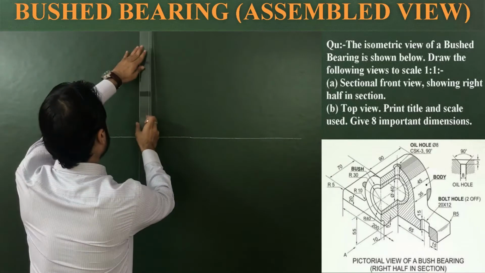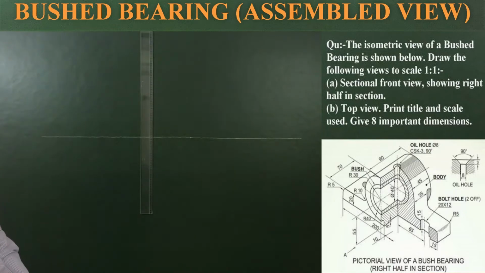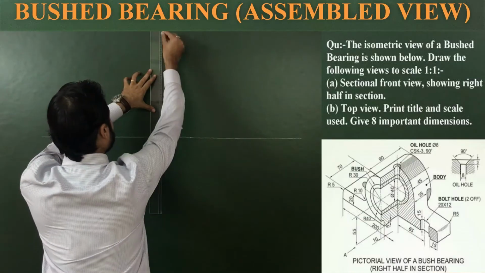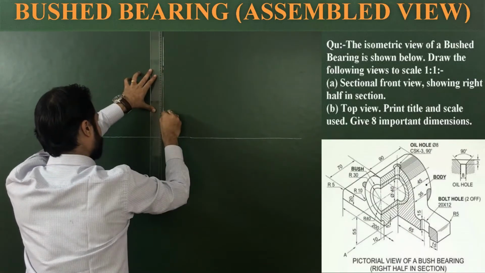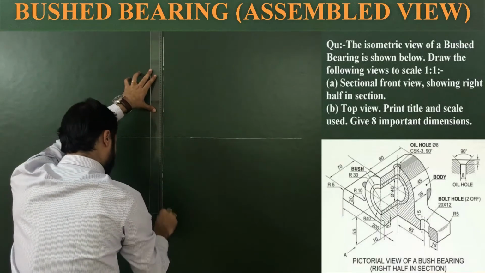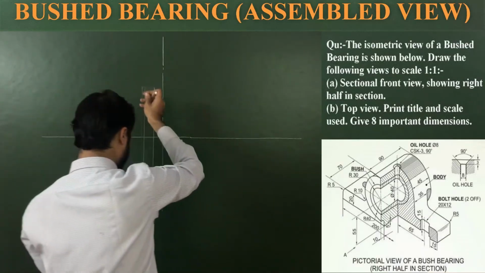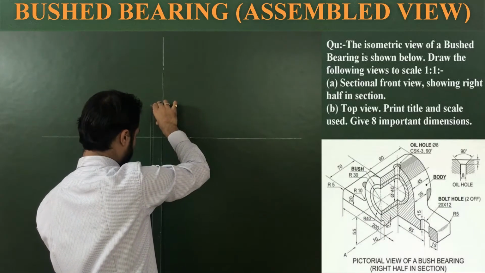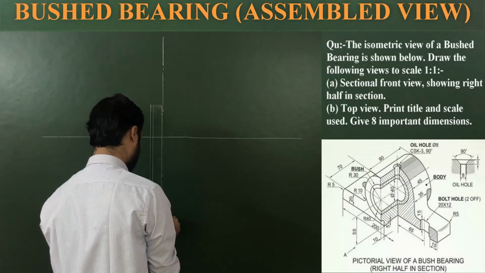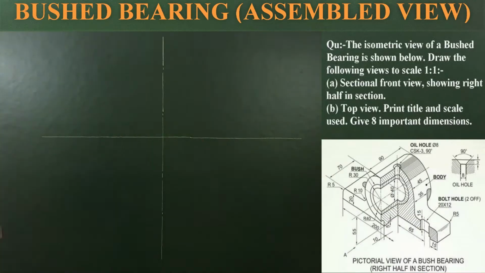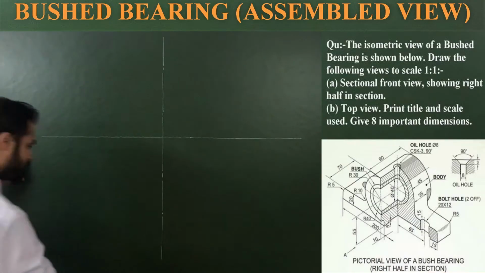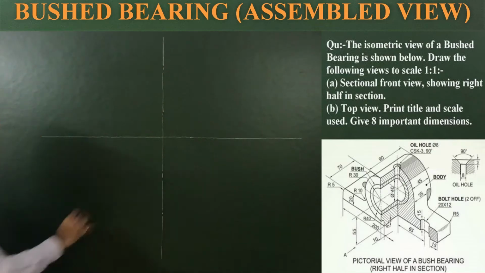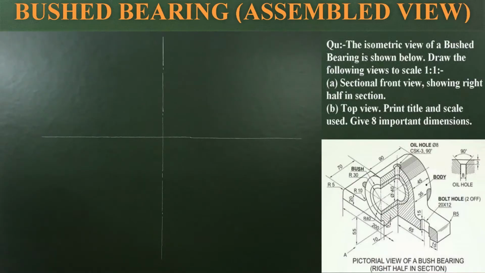Then assume this is my center, the vertical axis of symmetry, and draw the vertical axis like this for both front view and top view. Right, so this is my reference line, and this space is for front view and this space is for top view.